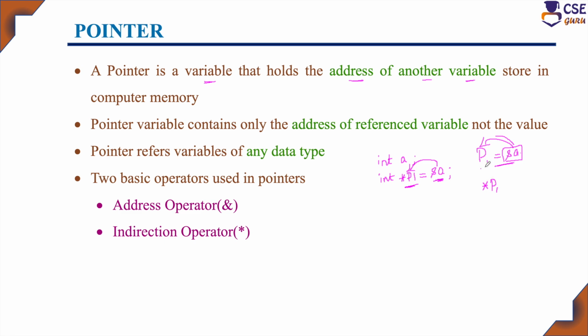If you want to refer to the value stored in that address, you have to use this indirection operator, star. Whenever you use a variable with the star operator, that is called a pointer variable.